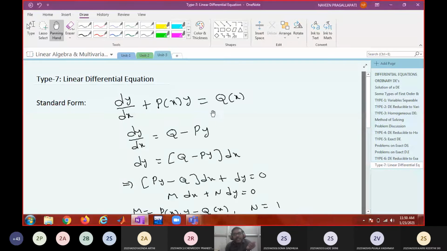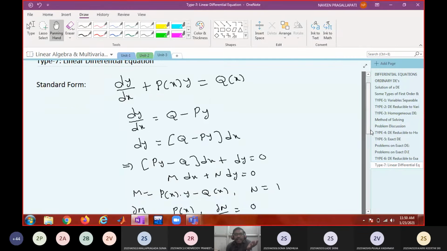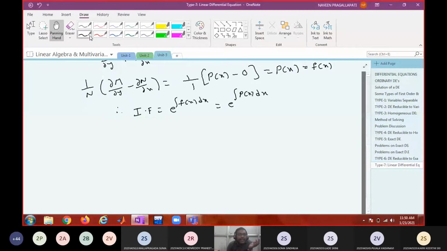Then that non-exact differential equation becomes an exact differential equation. Once it is exact, you know how to find the general solution of an exact differential equation. Am I right? So after multiplying this and writing the formula, finally you will arrive at the general solution like this.